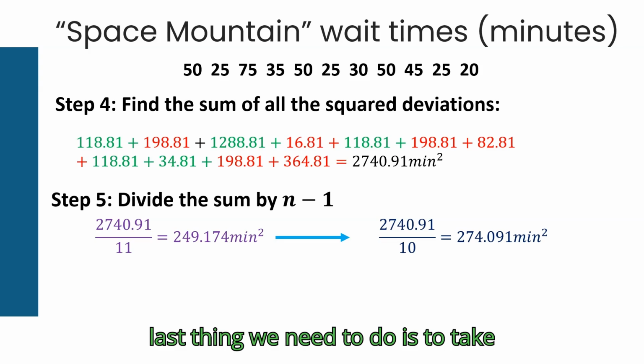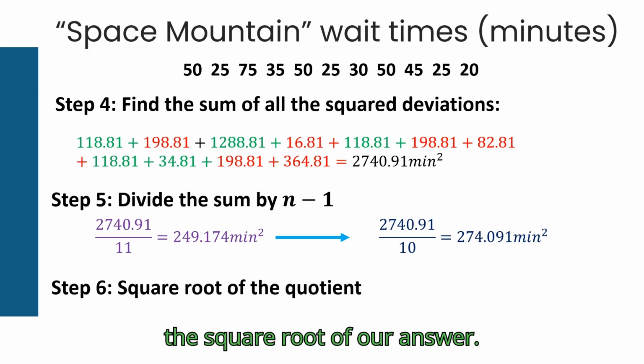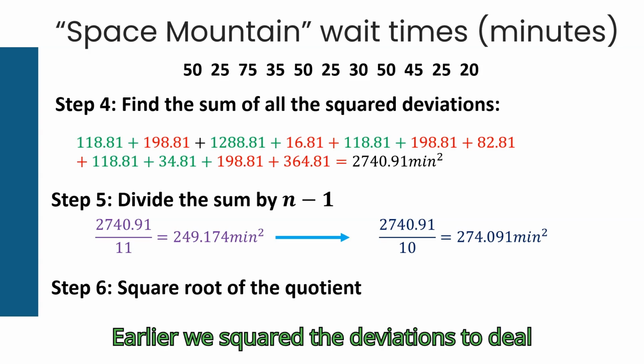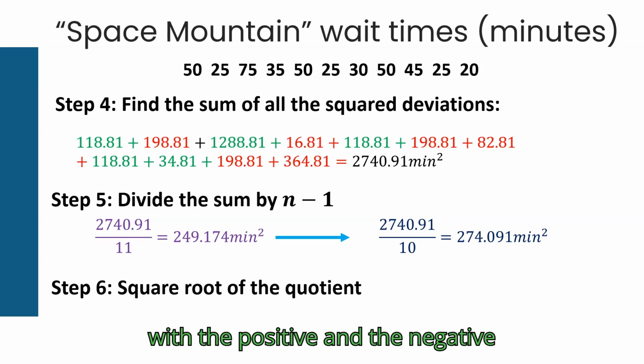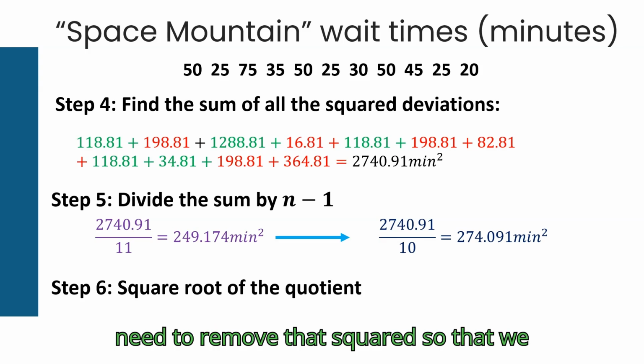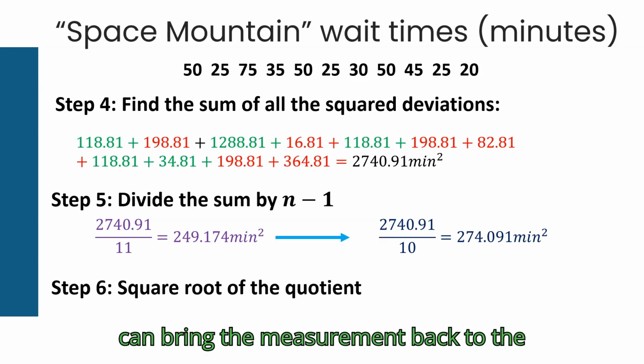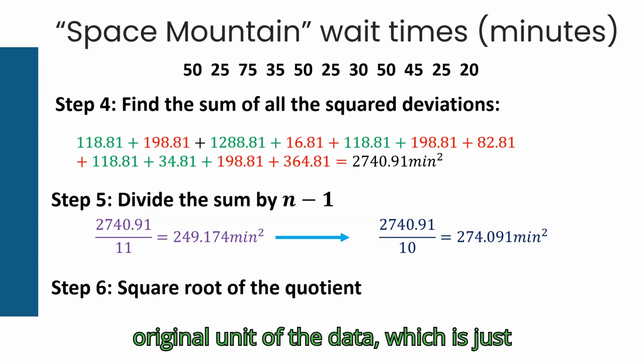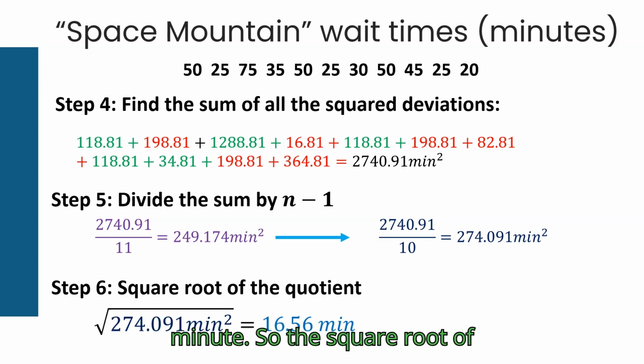The last thing we need to do is take the square root of our answer. Earlier, we squared the deviations to deal with the positive and the negative values. However, this left us with minutes squared. So we need to remove that square so that we can bring the measurement back to the original units of the data, which is just minutes.